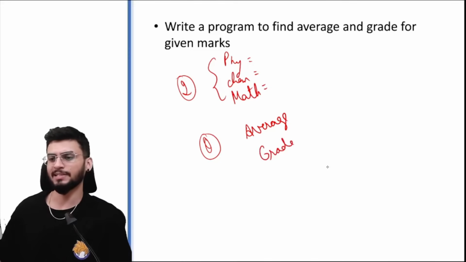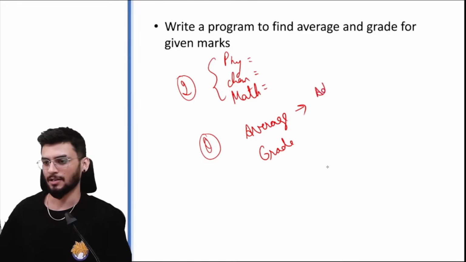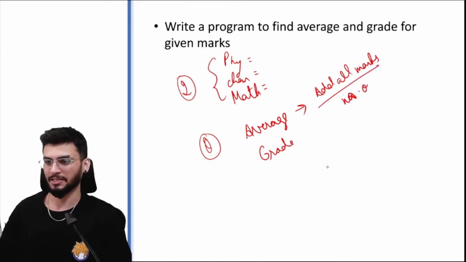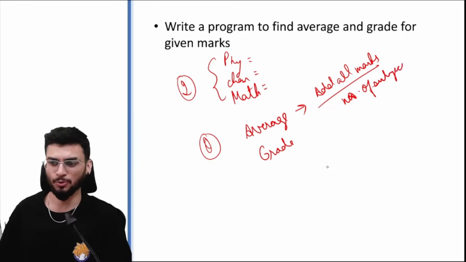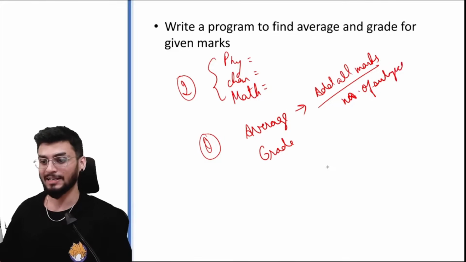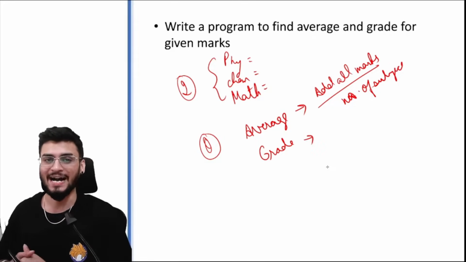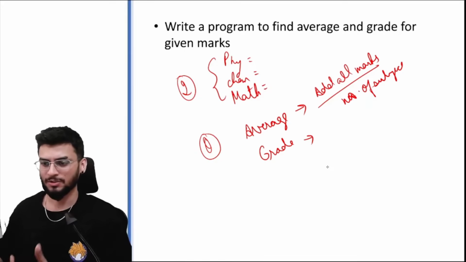So simply speaking, in order to calculate the average, what you need to do is you can add all marks, then divide by the number of subjects. So it's a very simple approach. But while calculating the grade, you need to refer to the average score. So for this, I'll be considering this notation.